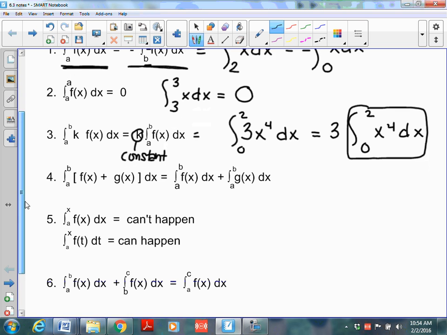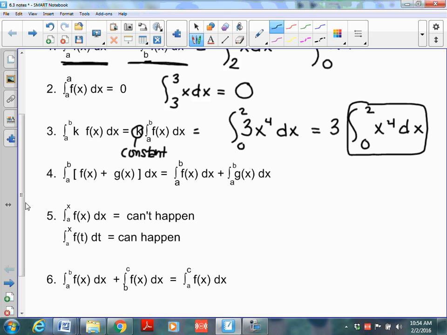Okay, the next one, the fourth one, says that if you have two different functions underneath the same limit, you can add or subtract. If you want to split them up, you can split them up into two different area problems and integrate them separately under the same limit.